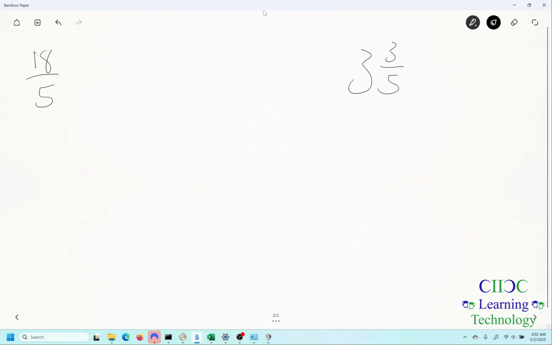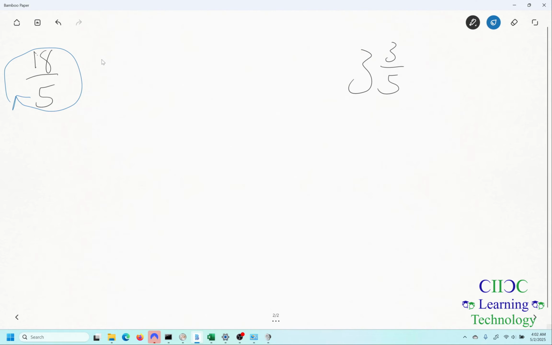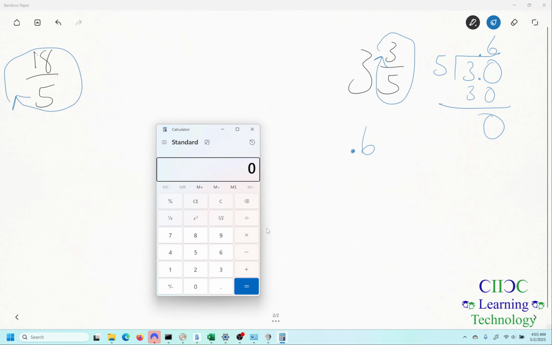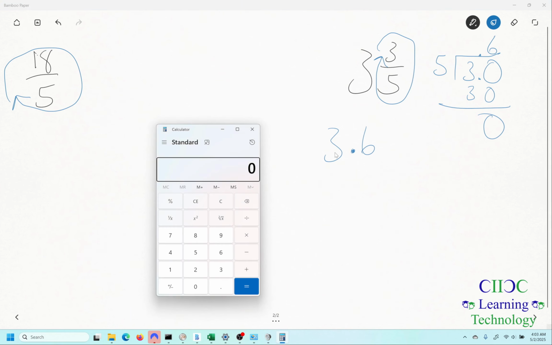Okay, so again, rotate. 5 can't go into 3, but you can do this. So remember, you also have the 3 that's still there.